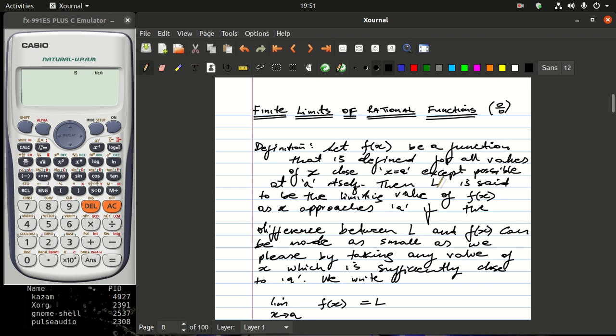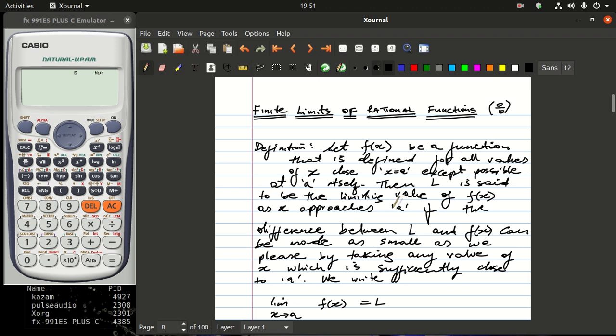There is a condition for calling it the limiting value of this function, and that condition is this: whenever I take the difference between L and f of x, as I keep picking values that are so close to a, I make that difference so small.